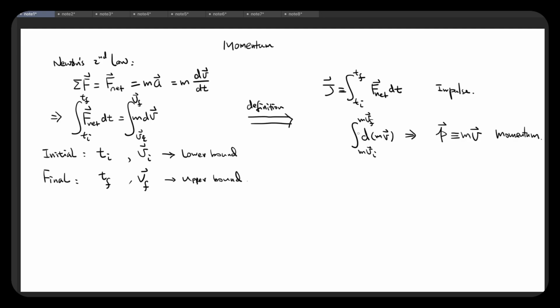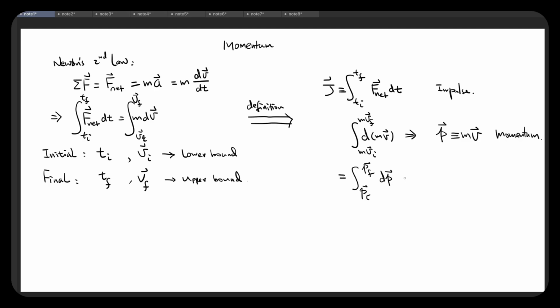Now for this integral, since mv is the variable, we effectively integrate over 1. The integrand here is 1, and we go from p initial to p final. Here it becomes dp.